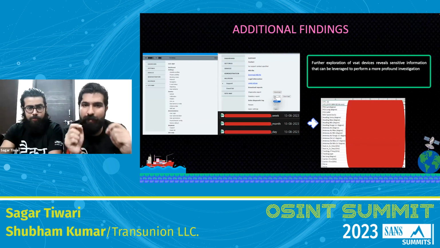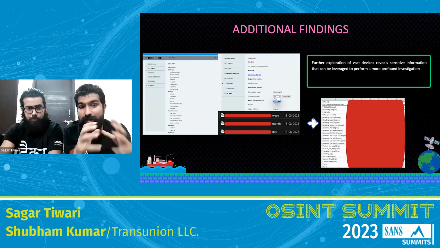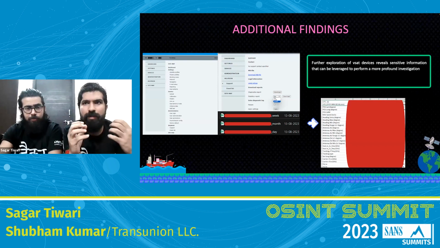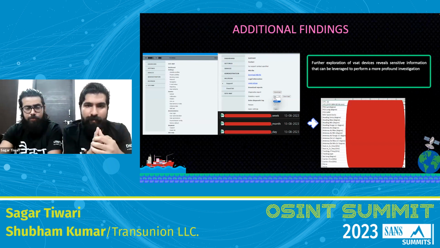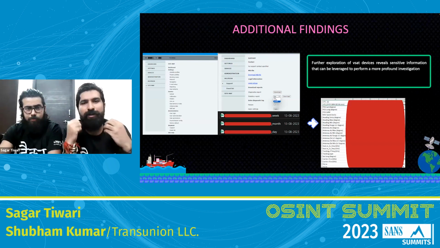One of the very important pieces of information that we found during our investigation was in the help desk section. In support, you can see there is something called the diagnostic report, which provides a report to download that can vary on the basis of the day, the week, or the month. It's more like handing your ex-medical records to a person.